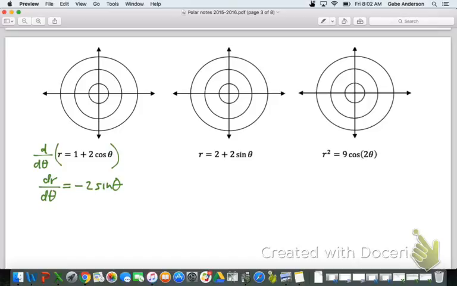So let's think about the graph again. This graph was the little looped limacon thing, right? So I'll try to reproduce this graph. Something like that. I don't know. So let's see here.